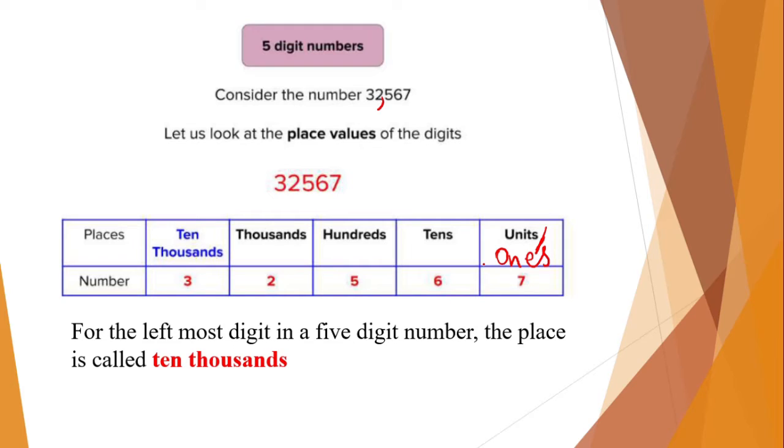So we have units, tens, hundreds, thousands, and as I told, the smallest five-digit number is 10,000. So for the leftmost digit in a five-digit number, the place value is called 10,000.